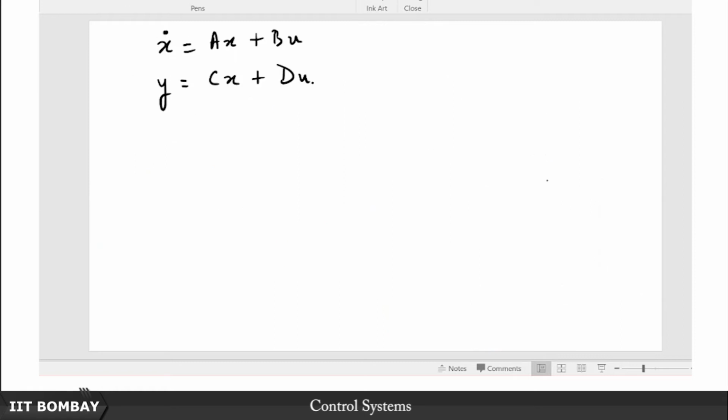I hope that you have done such a course on linear algebra or matrix theory at your undergrad level, right. So, remember x belongs to R^(n×1), A belongs to R^(n×n), B belongs to R^(n×1) because it is a SISO system, C belongs to R^(1×n), and D is obviously a scalar, right.